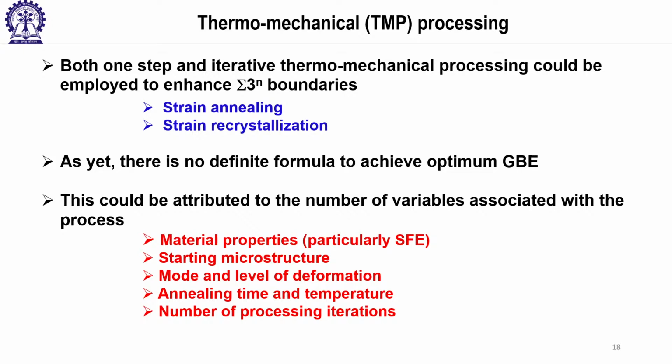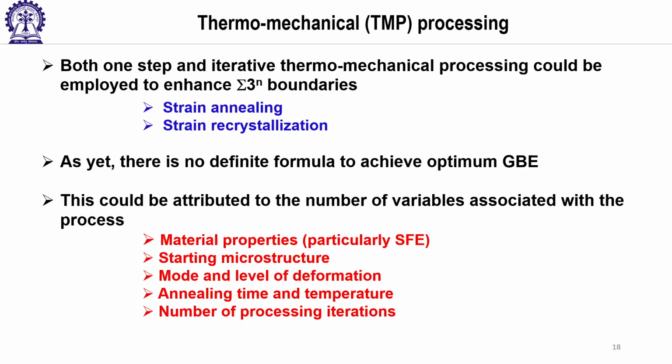There are different thermomechanical processing routes people have adopted, but they can be broadly classified into two categories: strain annealing or strain recrystallization. Typically the process is the same, you give deformation and then anneal, but what is your extent of deformation, what is your temperature, what is your time that you are adopting. So considering all those variables, you can classify them as either strain annealing or strain recrystallization.